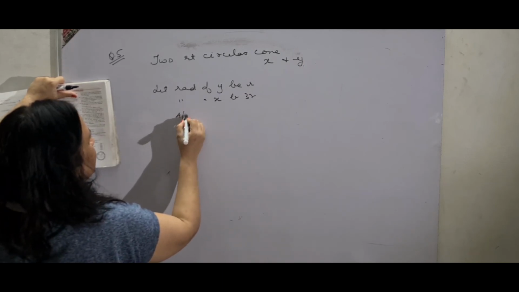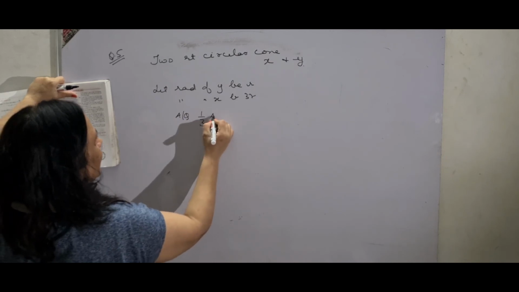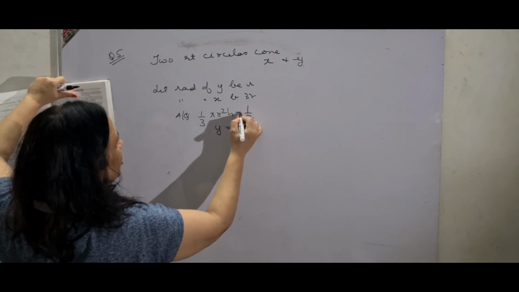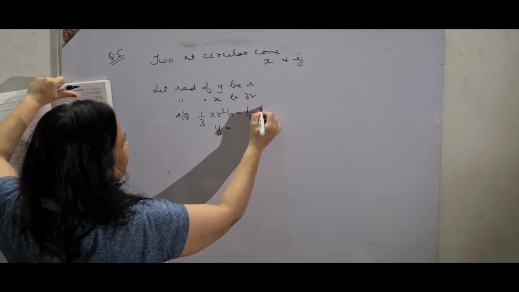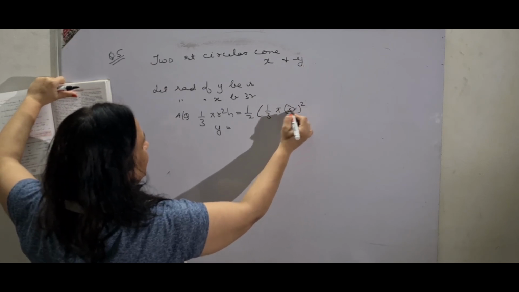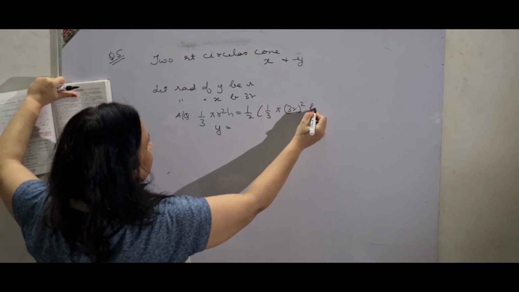So according to the question, the volume of y, 1 by 3 pi r square h, is half the volume of x. 1 by 3 pi, you will take (3r) whole square into h.